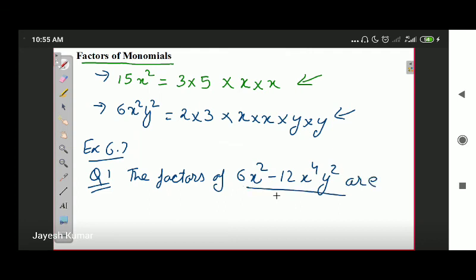Now I can see and understand your confusion. You can say that this is a binomial, and we have just learned about the monomial. So using this factorization of monomial, we are going to find the factors of this.